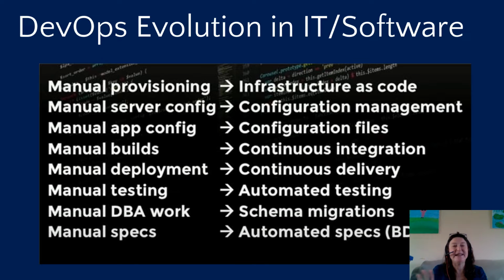So ideally, if you've got an ideal DevOps company, you're all on the right-hand side. So rather than doing manual provisioning of servers and installing operating system software and updating packages manually and so on, you're going to use infrastructure as code.